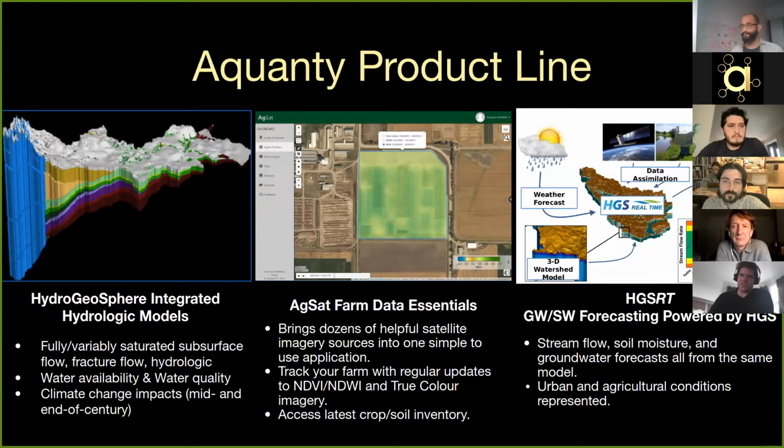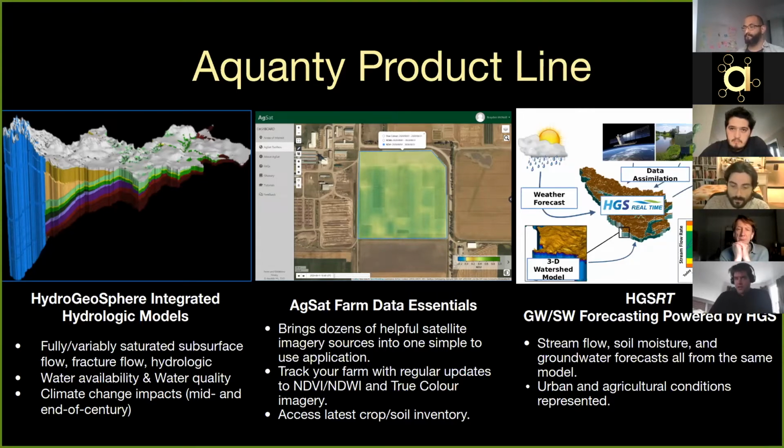Let's aggregate all this data. Let's not tell first responders to run. Just empower them to make decisions on their own. And you also get access to these remotely sensed data products like crop soil inventory. We're looking to add biomass and other things as we go along too.